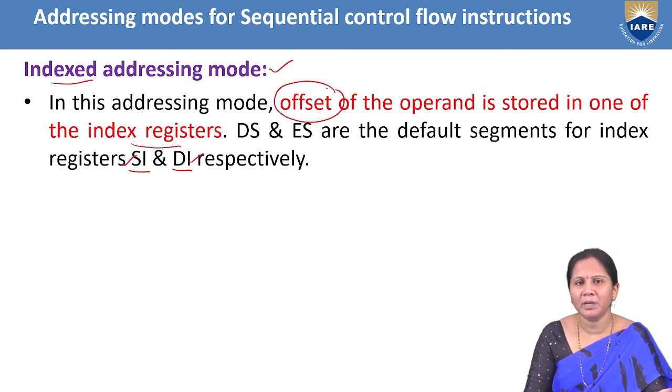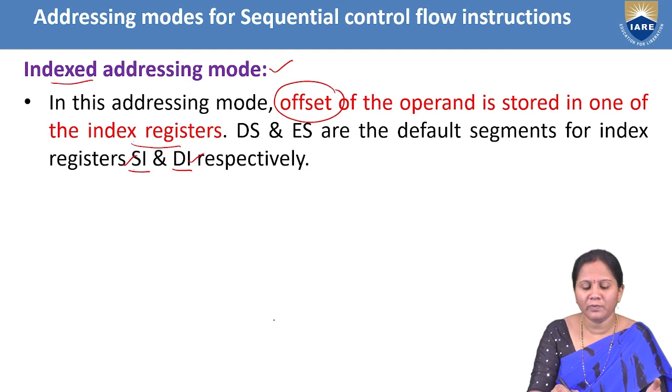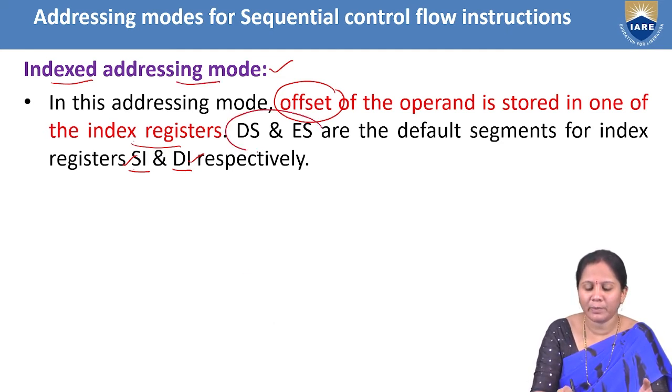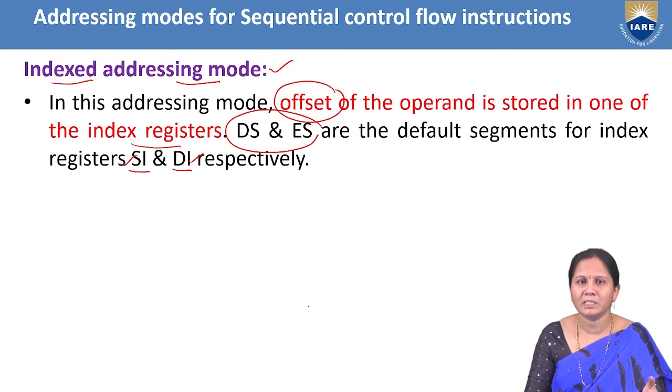But what about the segment address? In order to calculate the physical address of an instruction, we need the segment address also. In indexed addressing mode, we consider the segment address from DS or ES, that is, data segment or extra segment.